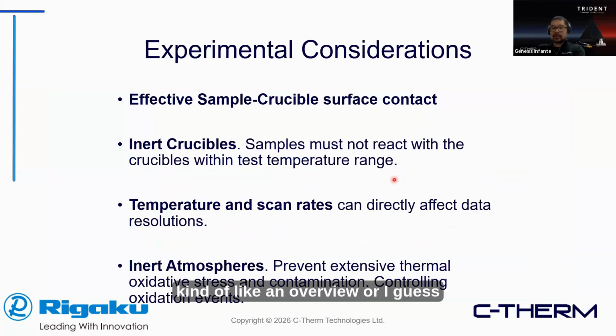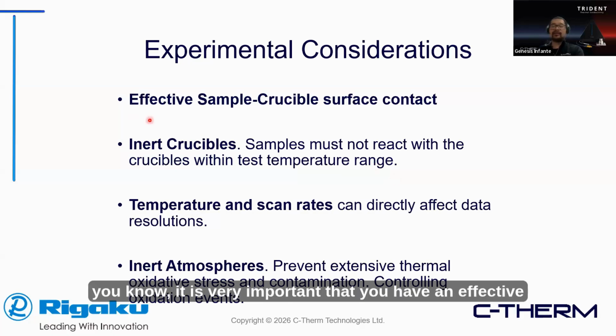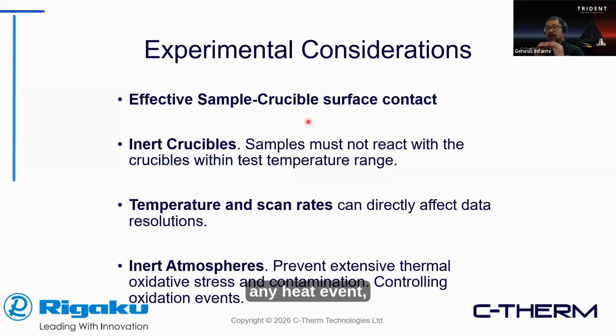So kind of like an overview, or a review here, of the experimental considerations I've just mentioned earlier: it is very important that you have an effective sample to crucible surface contact, because for any heat event, whether that's absorbing or releasing heat, you want to make sure that the device effectively measures that heat transfer as much as possible, and that starts with having a really good setup.